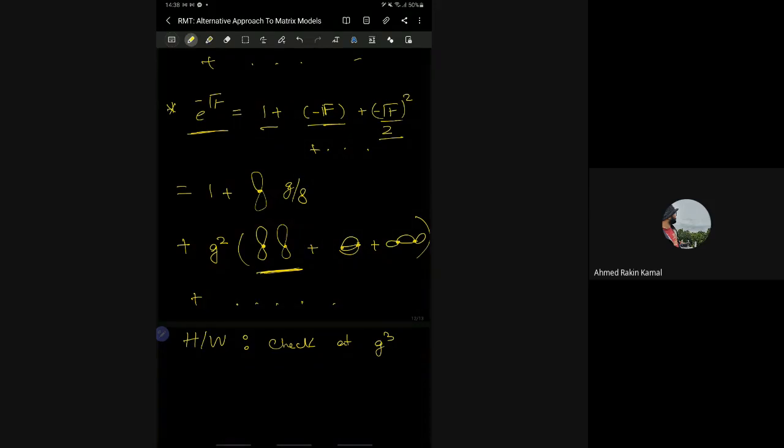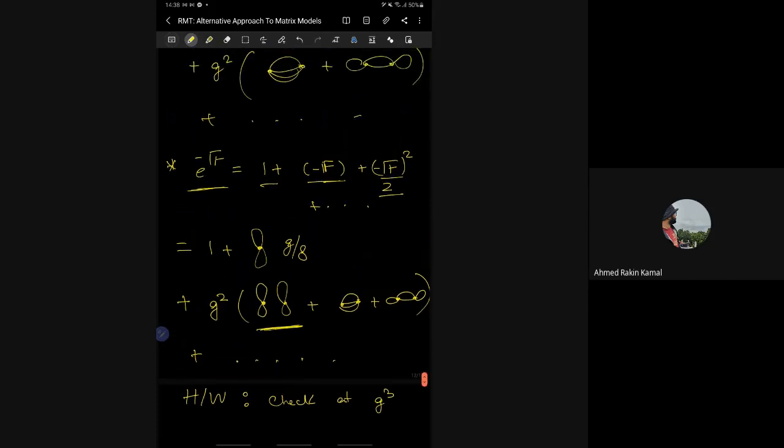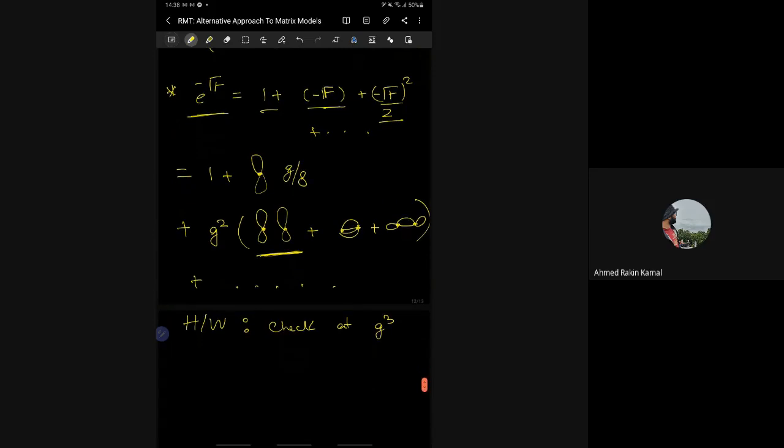This holds at all orders. So what have we done? We have generated disconnected graphs and all graphs just from connected ones. If we have the connected graphs, we can generate the disconnected ones using this.